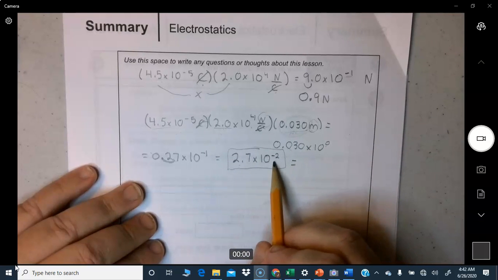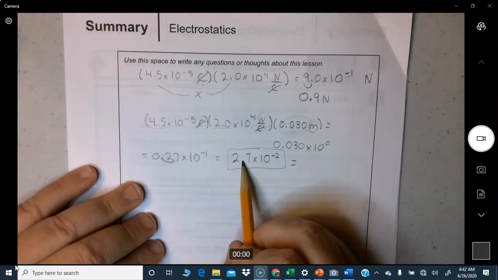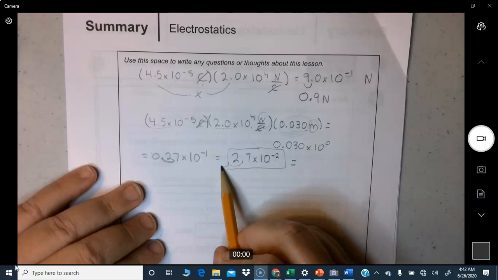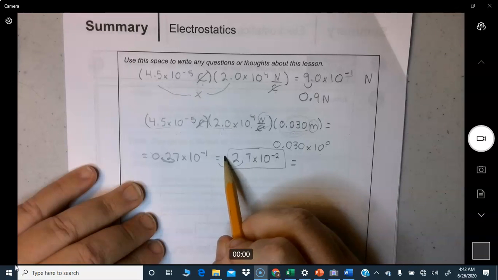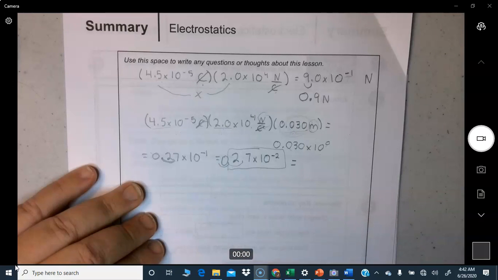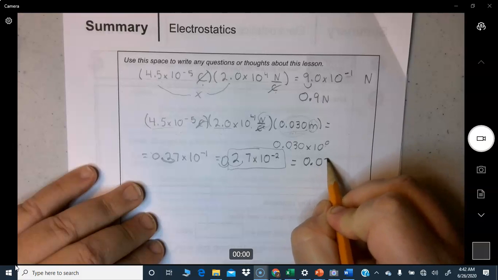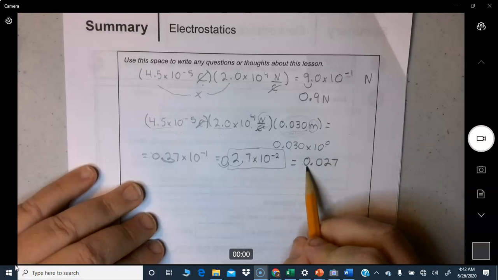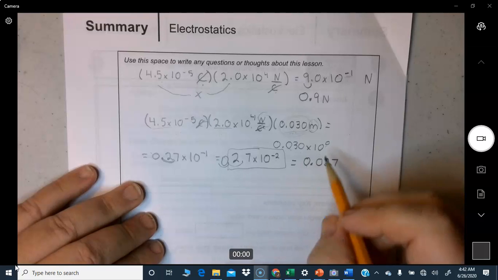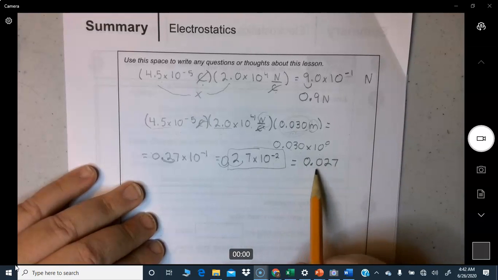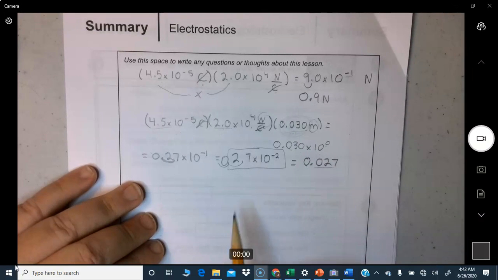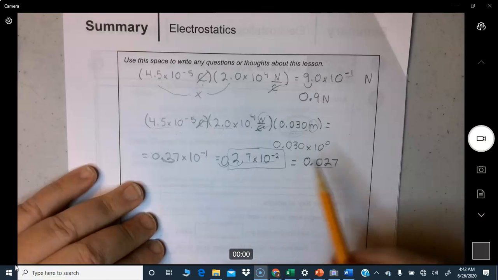So if you have this number, to the minus 2, you move the decimal 2 places to the left, and you fill that in with a 0. So the answer is going to be 0.27. Remember, this 0 is meaningless. It's just something that they put in front of the decimal, but that would be the actual answer that you would get from this number if you express it as a decimal.